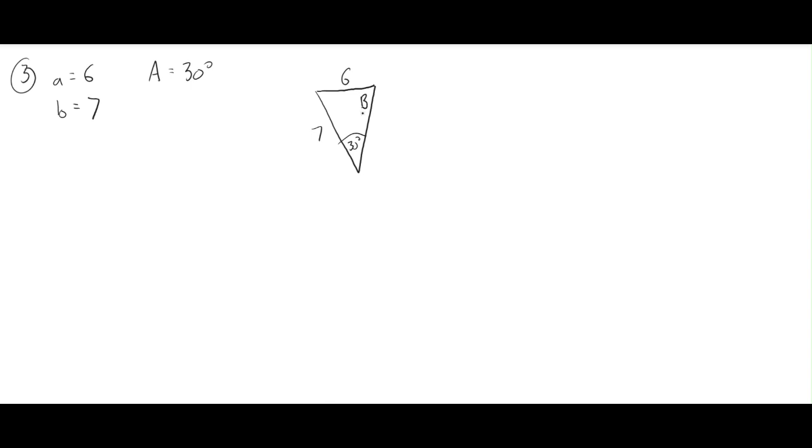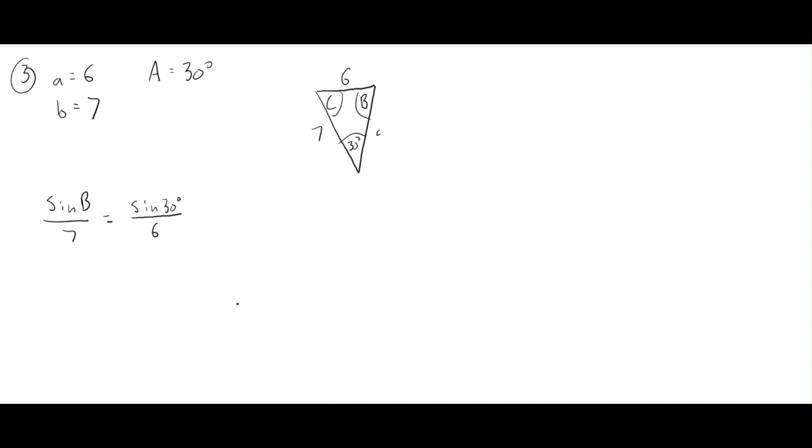There's the angle B. There's the angle C. There's the side C. Okay, let's try out that law of sines for B and A and see what we get. So sine B divided by 7 will have to equal sine A, which is 30 degrees, divided by 6.